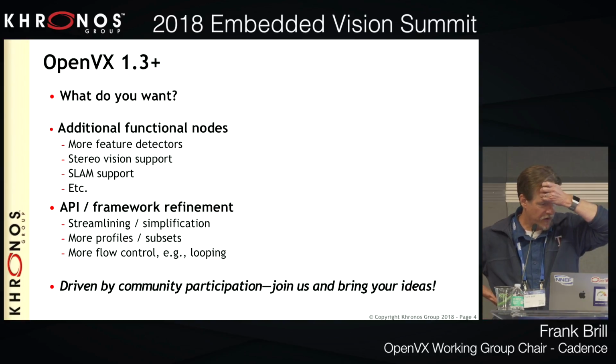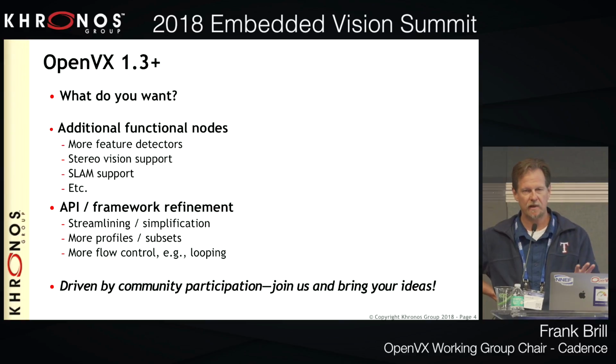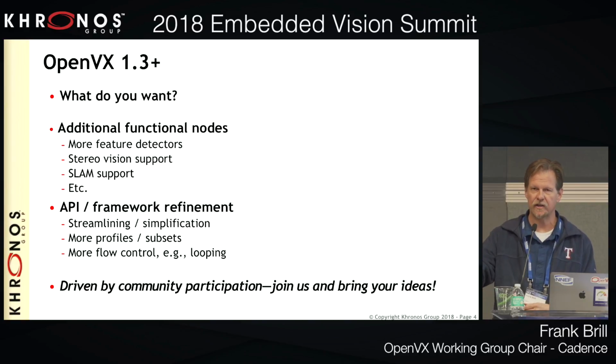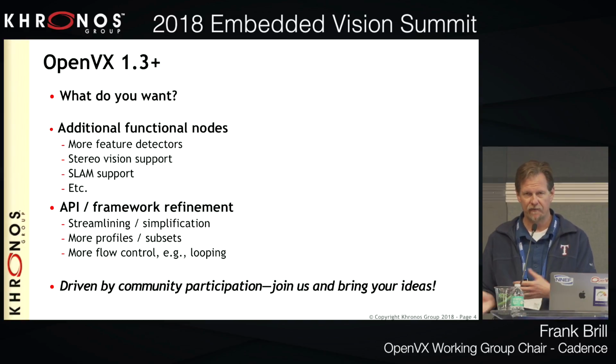And then this API framework refinement, this is where I was talking about there are things where maybe it would be 2.0 instead of 1.3, where we would break backward compatibility. We'd take things out. One of the things that we've talked about a bit in the working group is the idea of, well, we have virtual images, and when you want something to be a virtual image, you say, I make this virtual, and then the system can optimize it out. It can say, oh well, by declaring this thing virtual, the user has promised that they're never going to try and access it, so I don't have to actually create it if I can figure out a way to get around that. Well, it could be that we could just make virtual be the default.